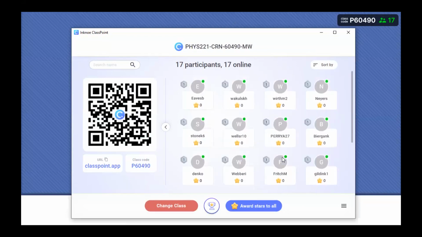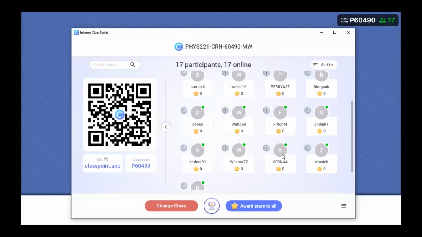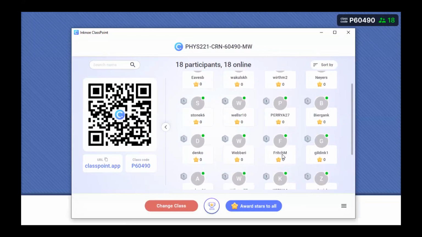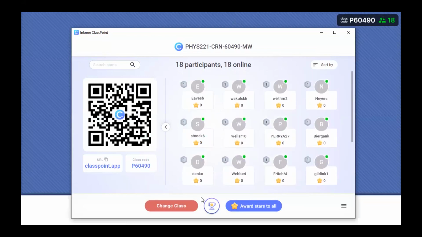Okay, we have 18 students in the class, but we have 17. Do you see your name here? Oh, there you go. Okay. Perfect.